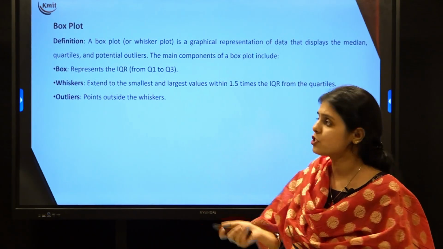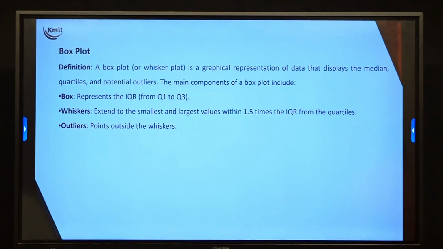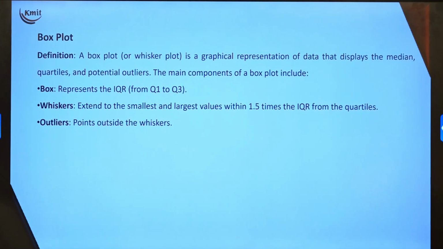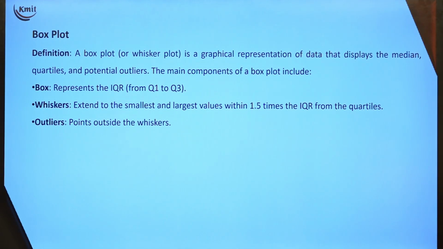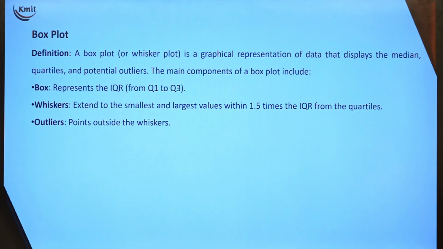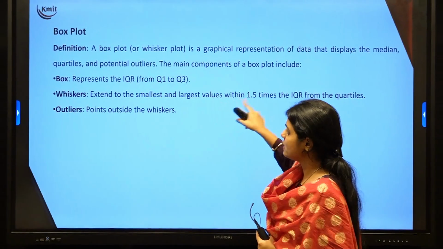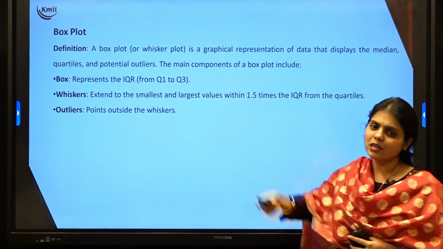A box plot, or whisker plot, is a graphical representation of data that displays the median, the quartiles and the potential outliers, if any. The box represents Q1 to Q3, and the whiskers are extensions to this box, representing the smallest and largest values. If you have any outliers, they will be pointed outside the whiskers.